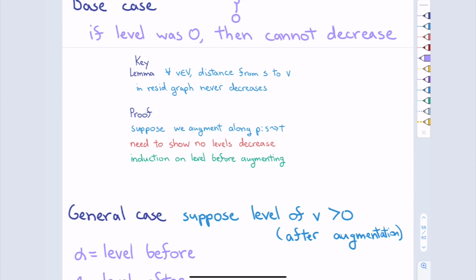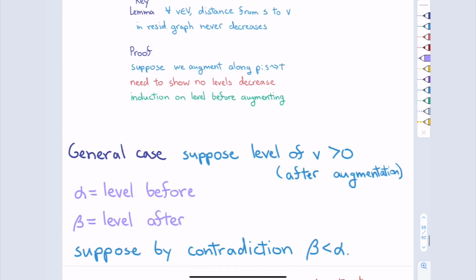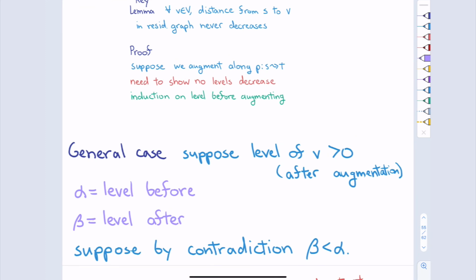So I'm looking at a vertex V at level 10 or level 9, some level that's greater than 0. So I'm going to let alpha denote the level before and beta denote the level after. I want to show that beta is greater than or equal to alpha. And so suppose by contradiction that beta is less than alpha.